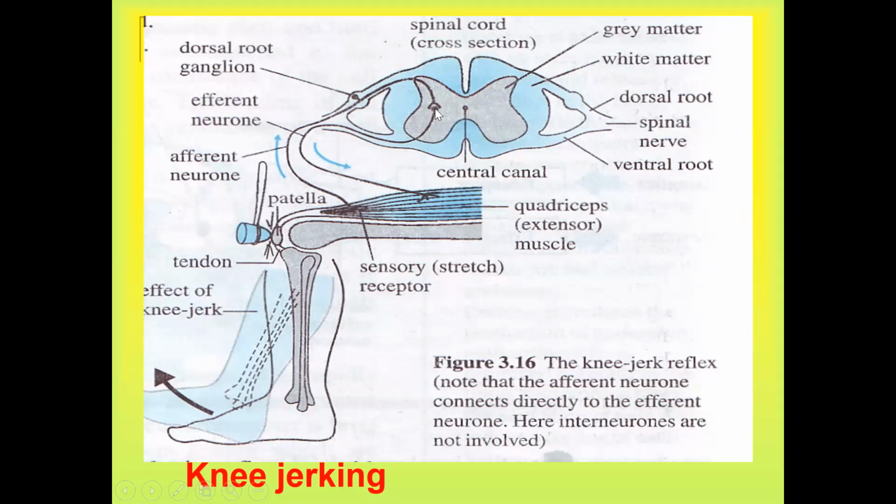Previously we know that there is an interneuron, but especially for knee jerking, there is no interneuron in the spinal cord. So here, you notice this is the efferent neuron. Why does this happen? This is to produce a faster response.